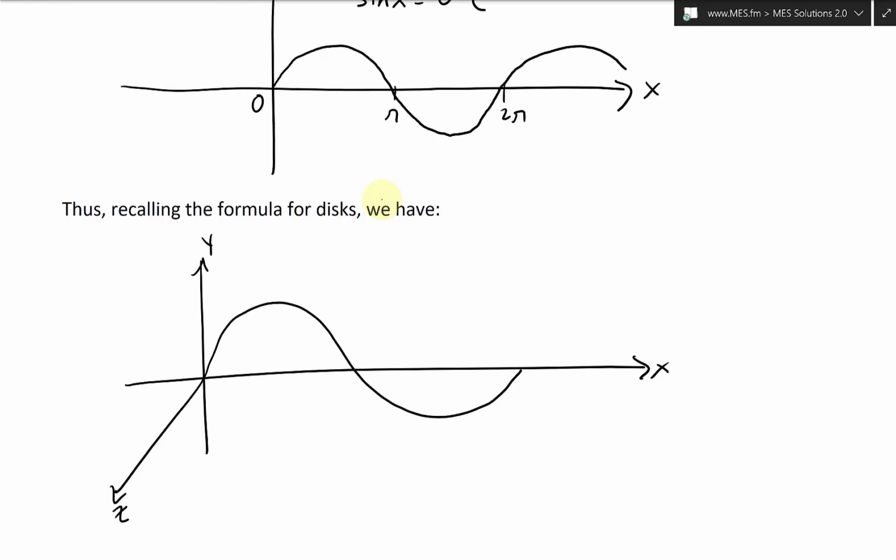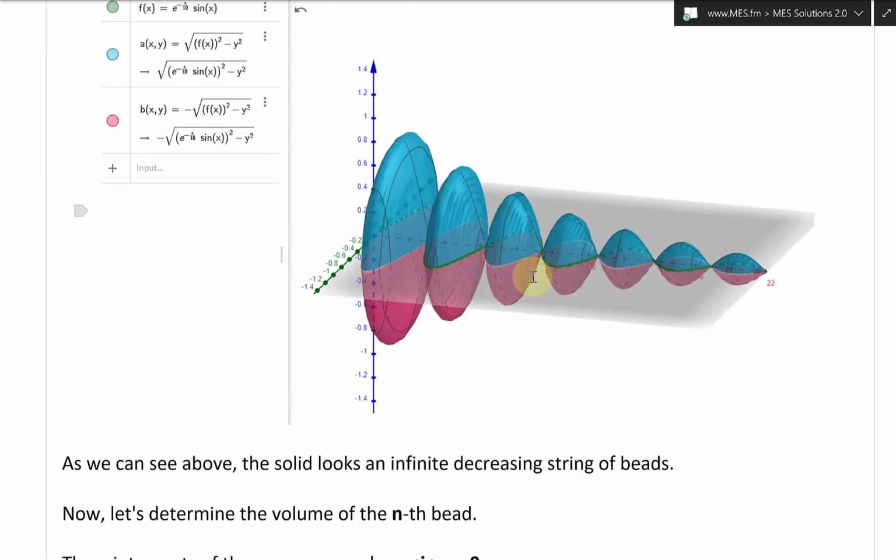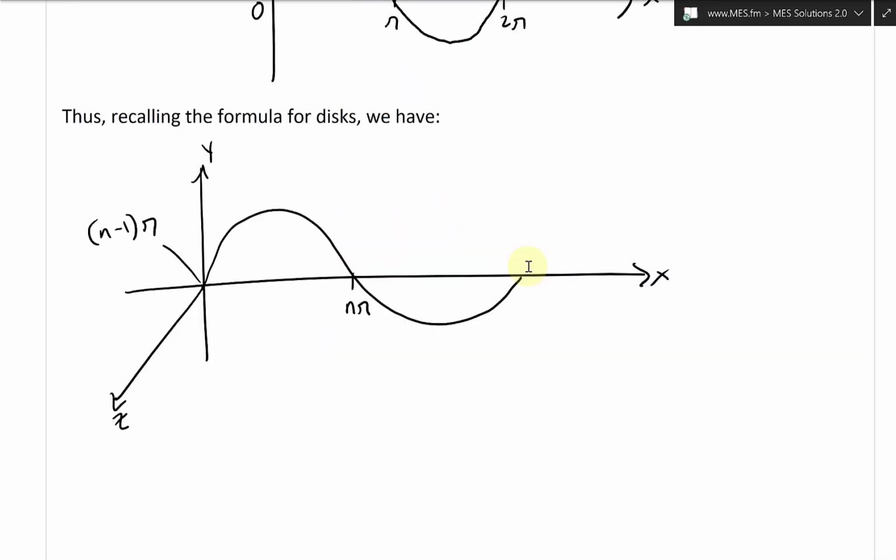At this point here I'm going to call this n pi, and the one behind it I'm going to call n minus 1 pi, just the one before it. So generically wherever we are, this could be n, and over there is n minus 1, and so on. So yes, that's where the beads are.